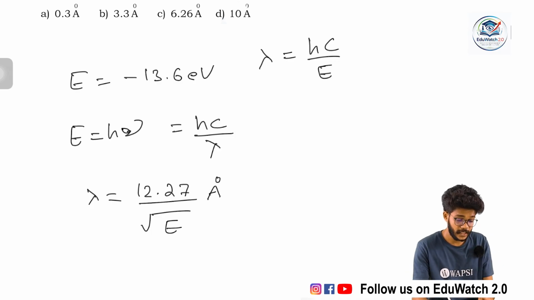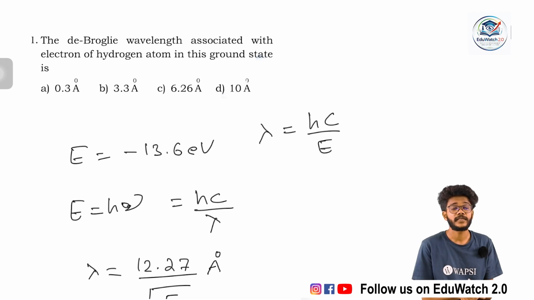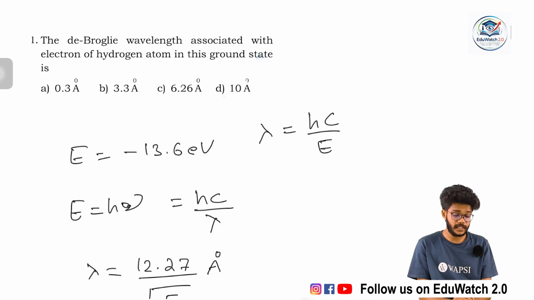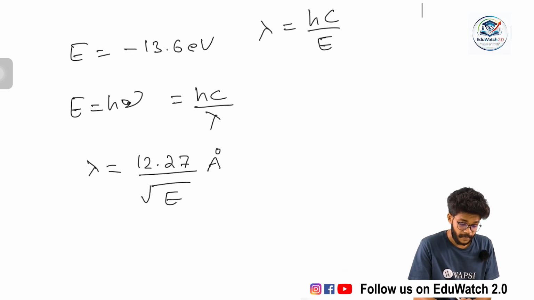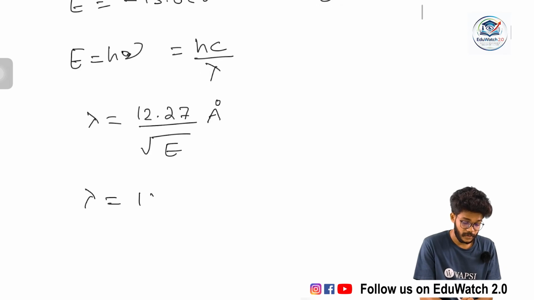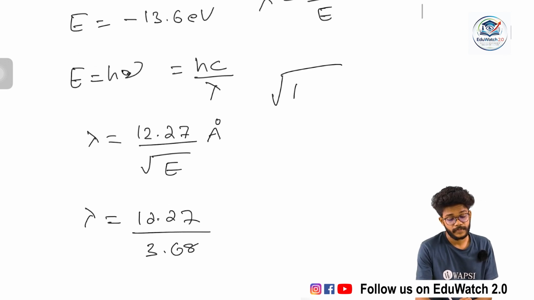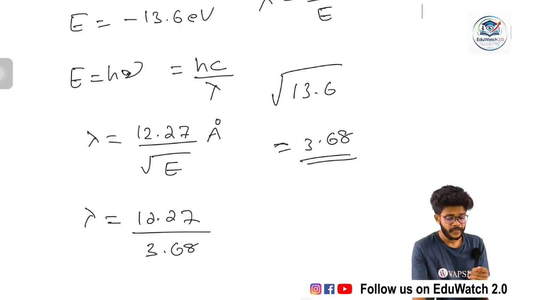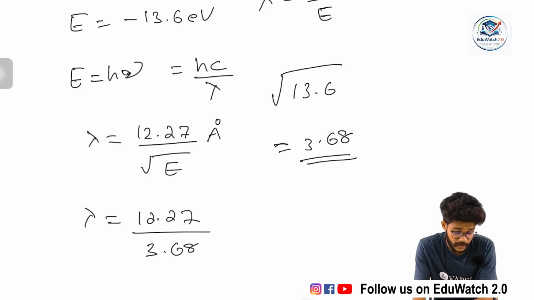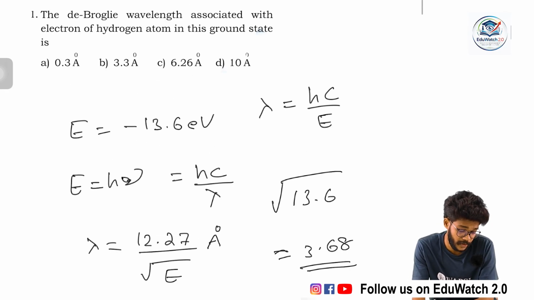In here the energy is 13.6 electron volt, only considering the magnitude. That means the root of 13.6 is approximately 3.68. So lambda is equal to 12.27 divided by 3.68, approximately 4 point something.